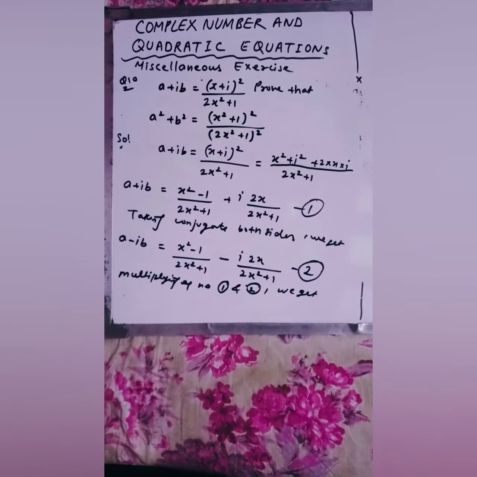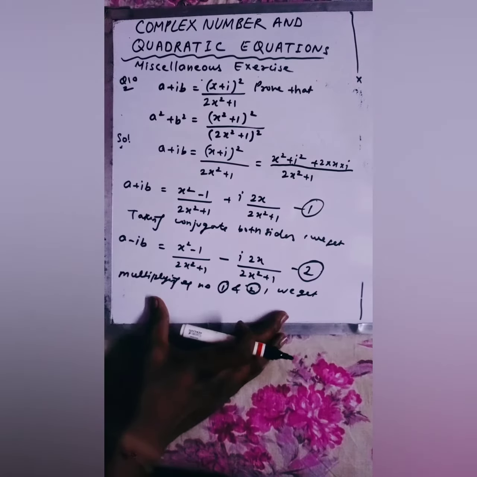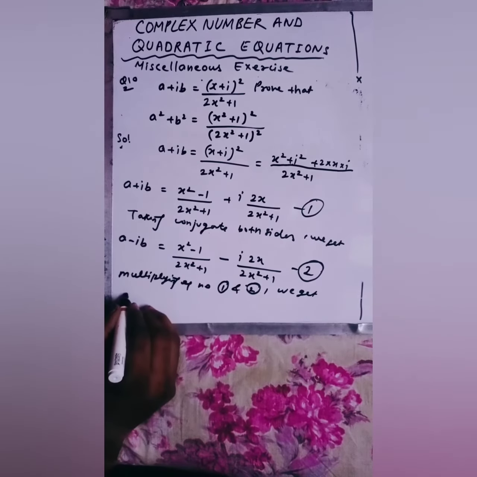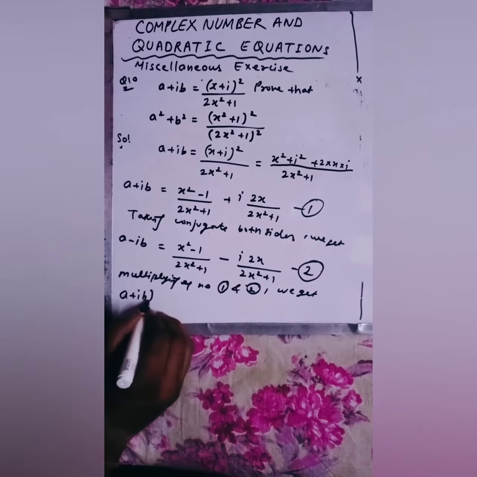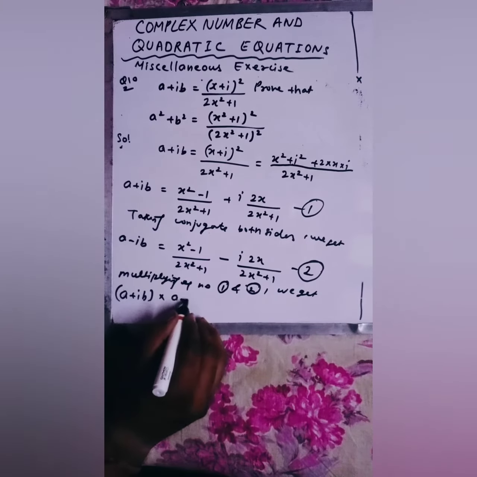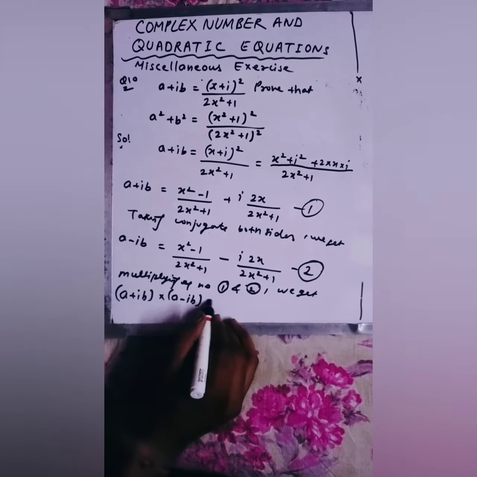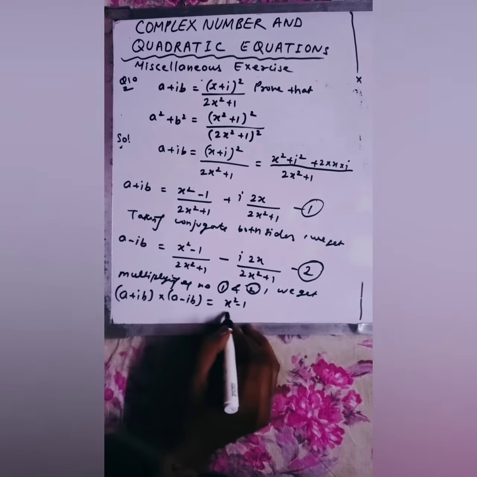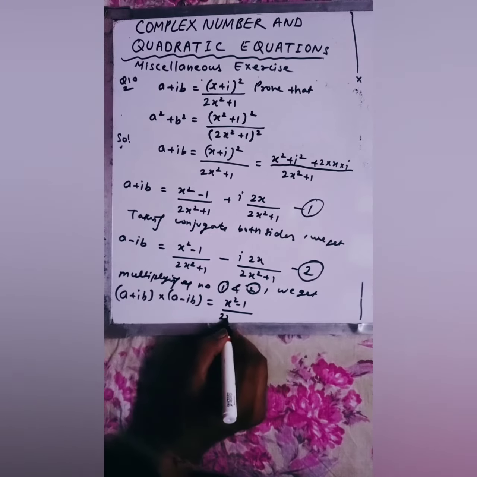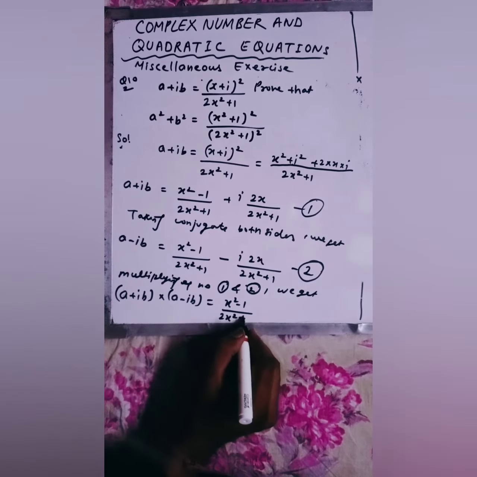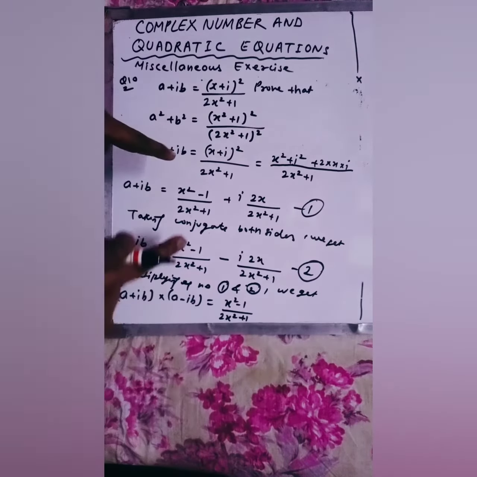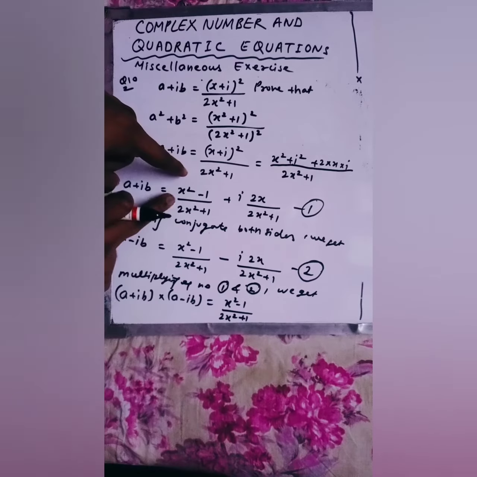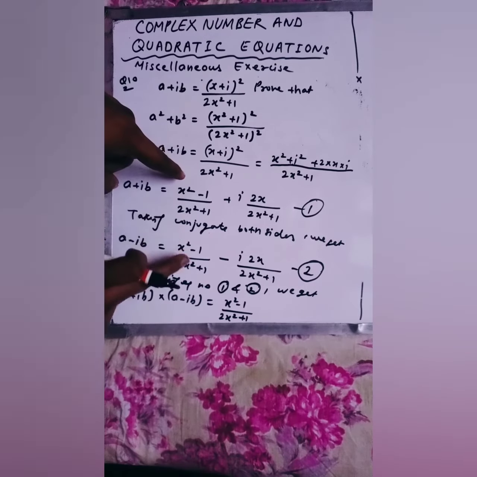Now see, if you multiply these two, this would be a plus iota b into a minus iota b, that would be equal to x square minus 1 over 2x square plus 1. When you multiply these two, these two steps are coming the same.